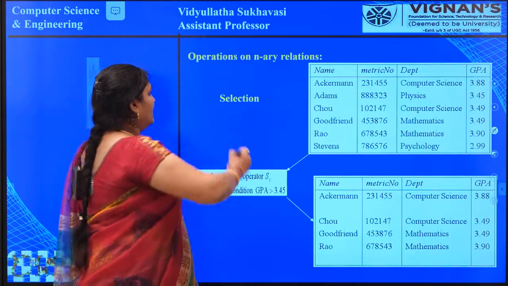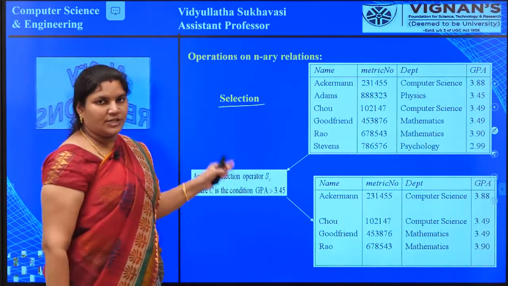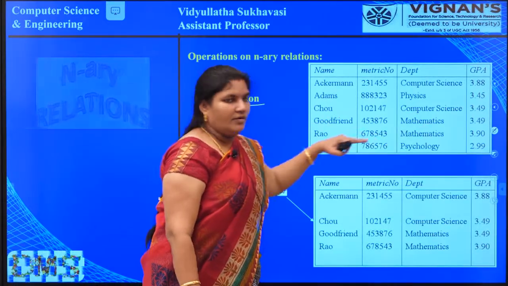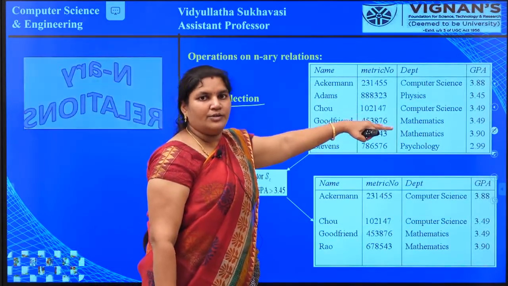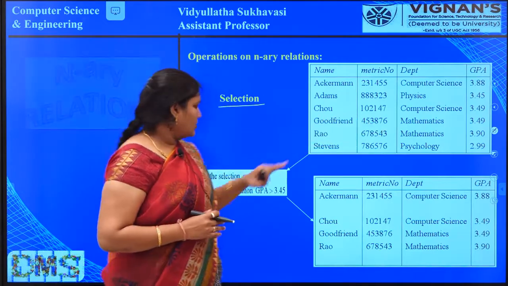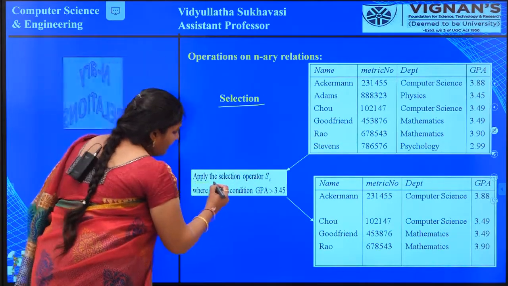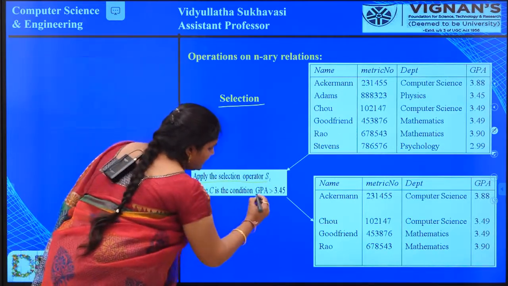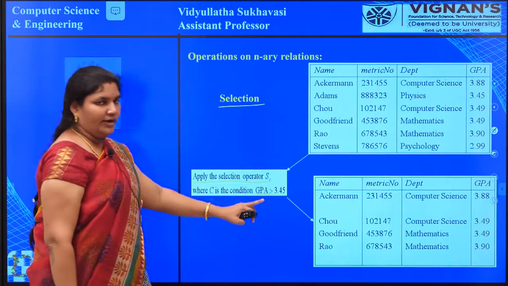So see here. The first operation we have chosen is the selection operation. How are we going to find it? This is the table we have. From this table we are going to select only some tuples. We apply the selection operation to this table with the condition GPA greater than 3.45.